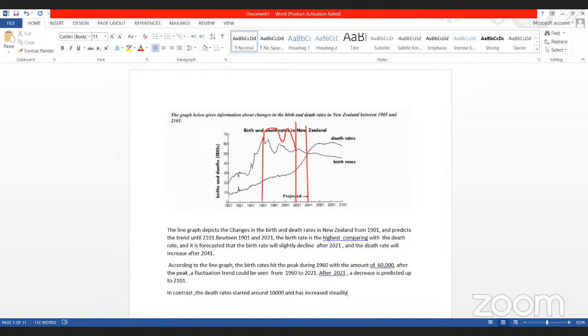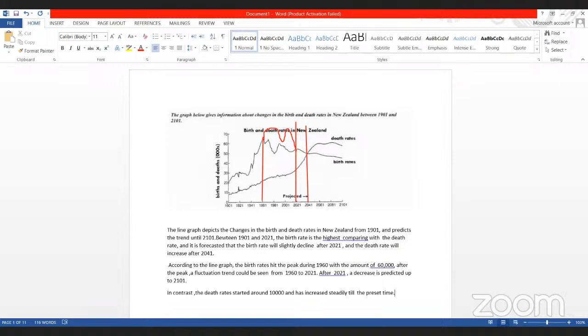Increased steadily till the present time. Steadily means it changed slowly without variation.